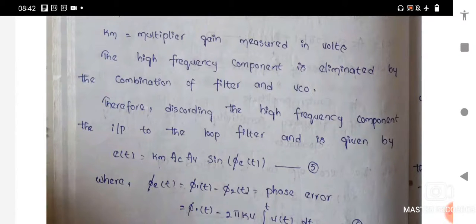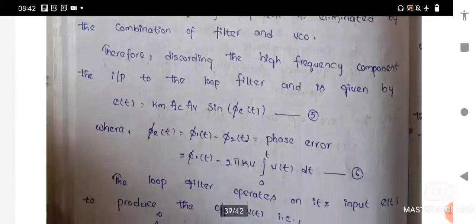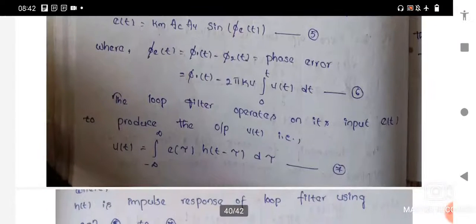That is represented as equation 5. Here phi e of t represents phi 1 of t minus phi 2 of t, that is the phase error. Already we know phi 2 of t is 2 pi Kv integral 0 to t v of t dt. That is represented as equation 6.